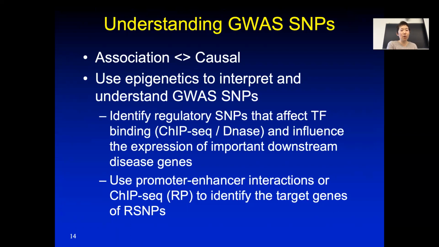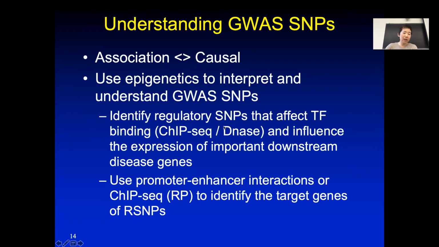That's the real one that causes the transcription factor to bind differently and then causes the nearby genes to be regulated differently. So you can use ChIP-seq or ATAC-seq or DNase-seq to identify regulatory SNPs that affect transcription factor binding and influence the expression of important downstream disease genes.